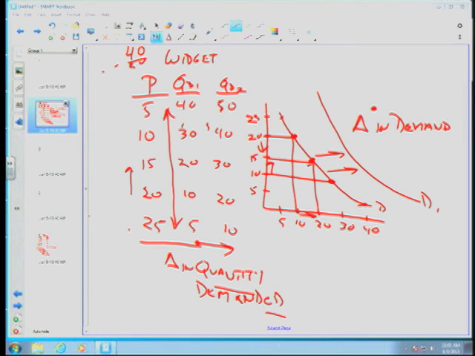Changes in prices move us from one point on the curve to another. That's a change in quantity demanded. But a shift of the entire curve, in or out, because at every possible price we want more or less, that's a change in demand itself. Change in demand, whole curve shifts. Change in quantity demanded, movement along the curve.